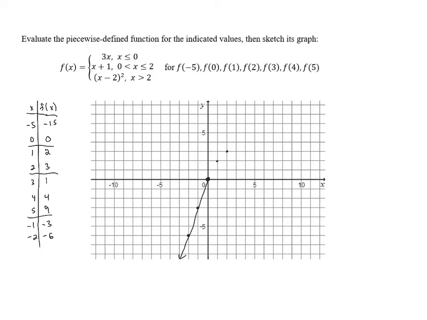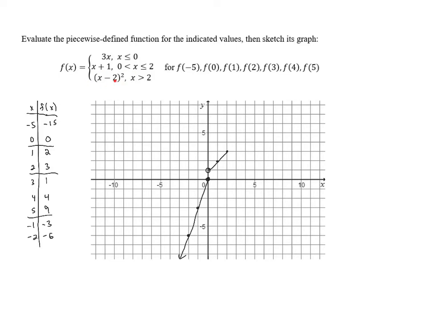So what we can do is connect these with a line segment, and we know that this is going to be the case between x equals 0 and 2, so we can continue this all the way until we get to x equals 0, but we need an open circle here because 0 is not a part of this middle domain. So that's the second part of the graph.